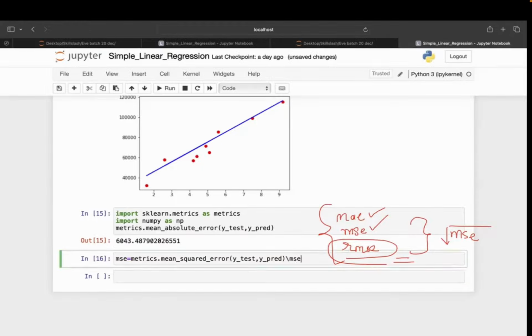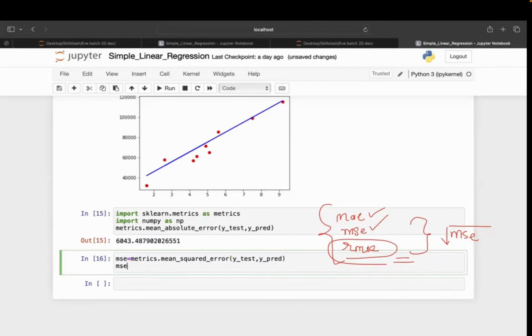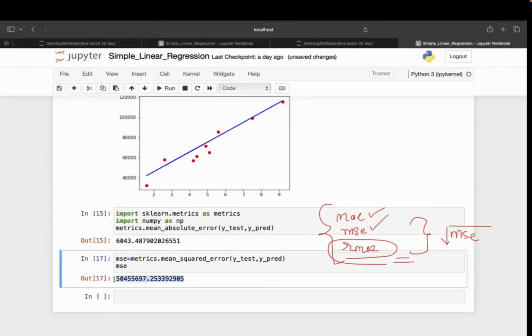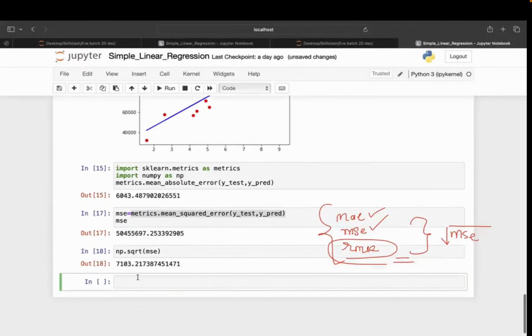If you want to see how MSE looks, you can write it like this. Now what you have to do is simply take the root over MSE. So I'm going to write np.sqrt. Either you can write this whole line if you want to, or you can simply mention the variable in which you have stored this.